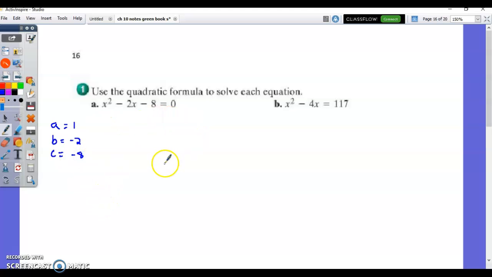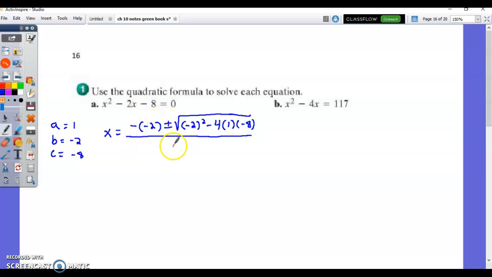So if we're going to put this into the quadratic formula, x equals negative b, which is negative 2, plus or minus the square root of b squared, so negative 2 squared, minus 4 times 1 times negative 8. That's my ac. And we divide that whole thing by 2 times 1, basically.